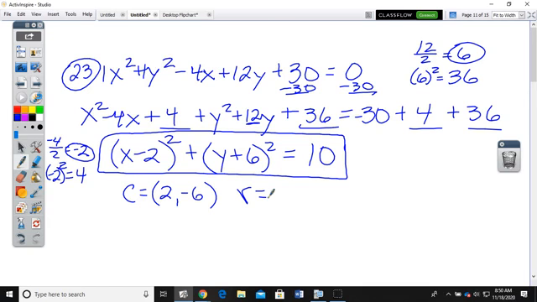R what? Squared. So to get the radius, you have to take the what of that? The square root. So it's just square root of 10. Again, that would be one of those where you would stick in your calculator. Square root of 9 is 3, so it's going to be like 3.1, 3.2. So you go up 3.1, right 3.1, down 3.1, left 3.1.